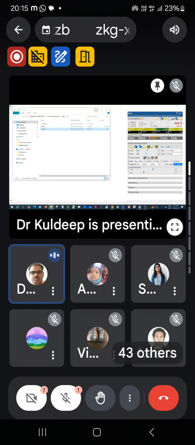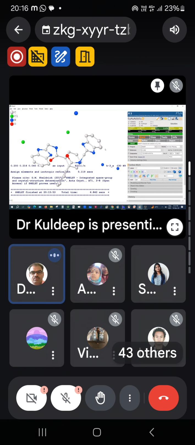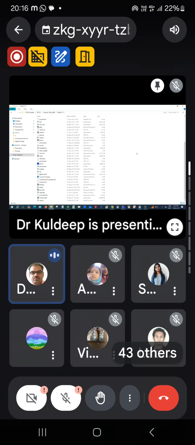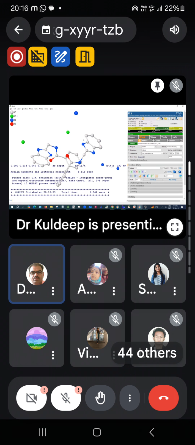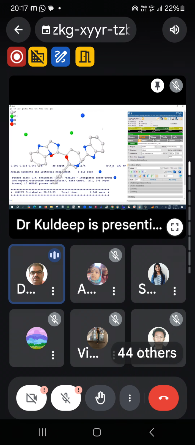Just download them and put them in the C drive. Suppose I have my OLEX2 here, and there is the program folder. Just copy and paste all these SHELX files here, then close your OLEX2 and restart it, and you will find all these programs in the drop down box. Try it. If you still find some problem, then let me know.